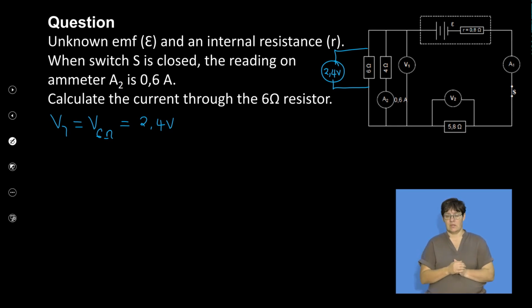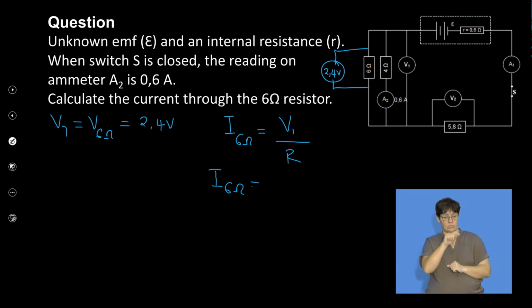Now we want to calculate the current that passes through the 6 ohms. We're also going to apply Ohm's law. The current through the 6 ohms is equal to the voltage across 6 ohms, which is also the same as V1, divided by the resistance. Current passing through the 6 ohms is equal to 2.4 divided by 6.